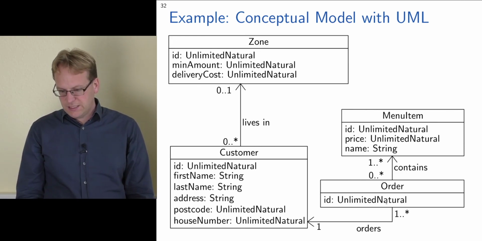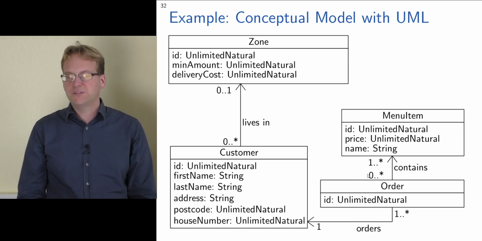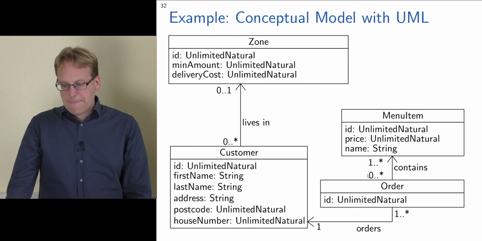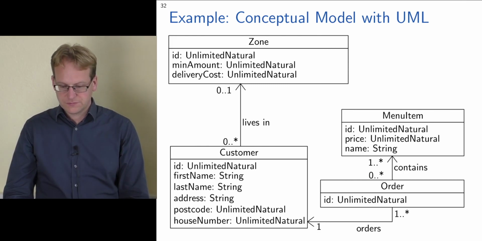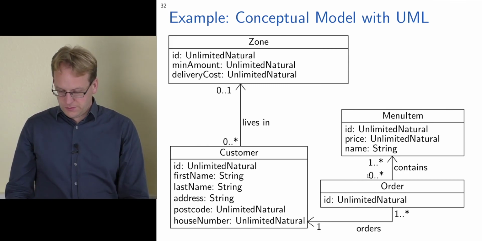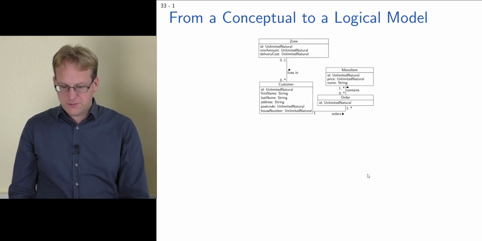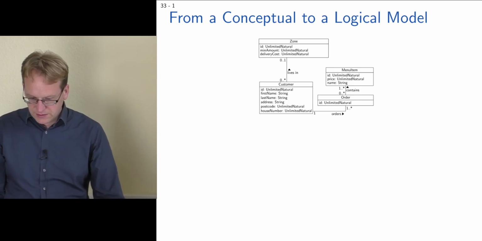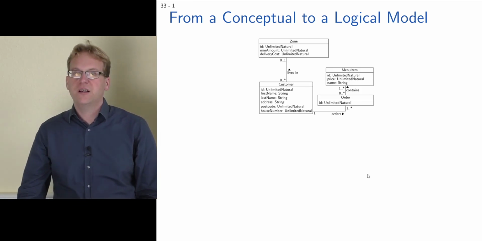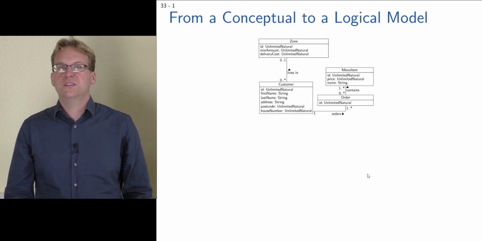So this would be an example where probably we could have also used this aggregation relationship or this aggregation association type. That was our conceptual model, and this is actually a nice point now to end with this first lecture on the topic.